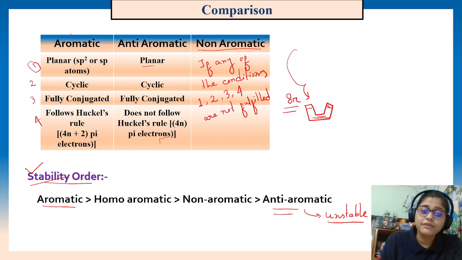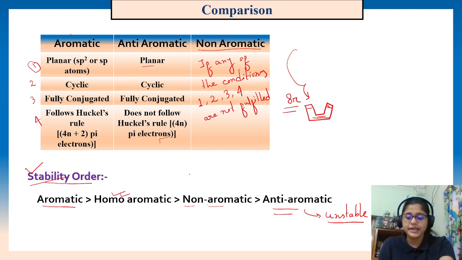So from that we can say that it gains a little bit of stability, right? And non-aromatic is more stable than anti-aromatic, but less stable than homoaromatic. Okay, please remember it because it will be needed for questions.